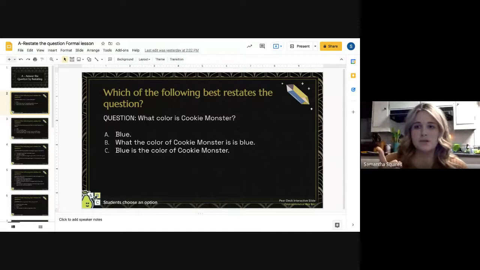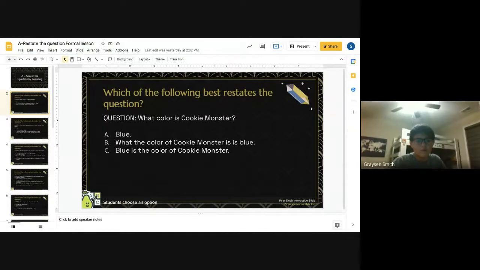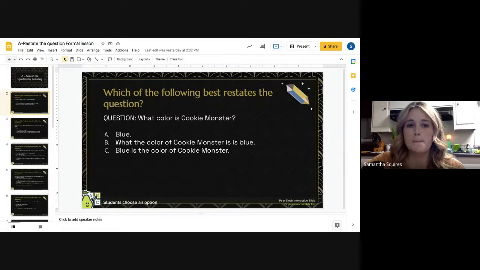But does that restate the question? Does A restate the question? What color is Cookie Monster? What about B? What the color of Cookie Monster is blue? It tells us what color is Cookie Monster, but does that sentence make sense?